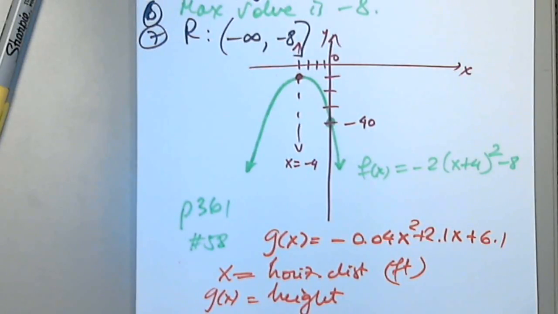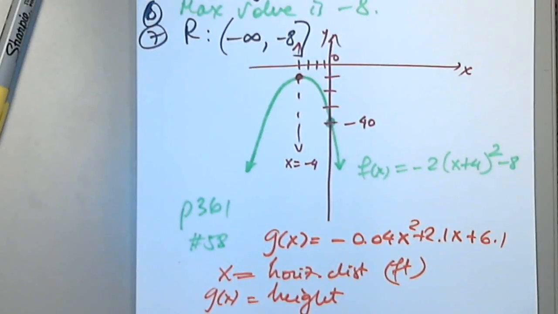So you looked at my marker, right? And you saw it going up. It reached the maximum, and then it went down, hitting the carpet, right? So I'm standing here, throwing it up. This is the horizontal distance where it reaches the maximum, and then eventually it hits the ground.